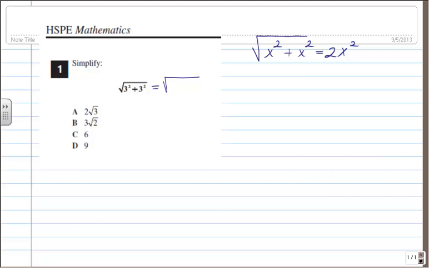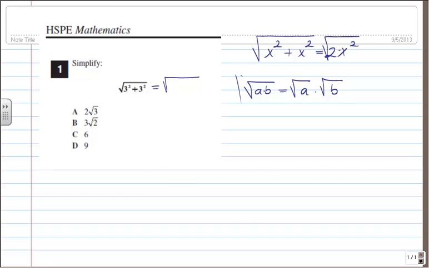Just think about it, this x squared plus x squared will be under the square root, right? So I have square root of x squared plus x squared will be square root of 2 times x squared. But do you remember in one of the previous problems I said if you have square root of ab, right? This can be written as what? Square root of a times square root of b.